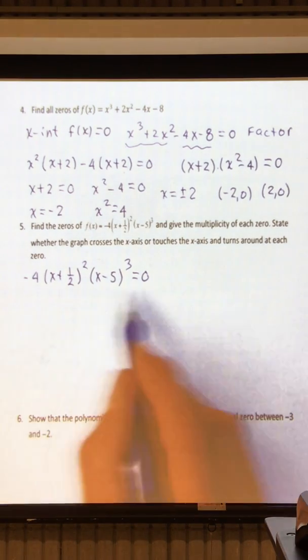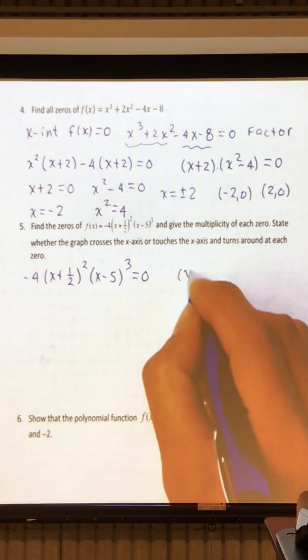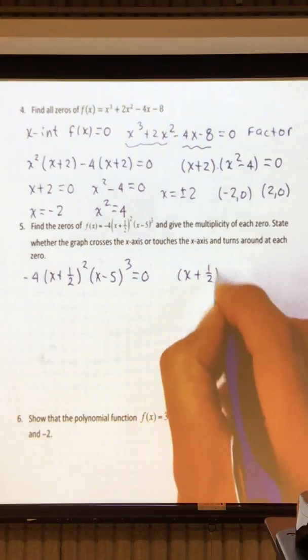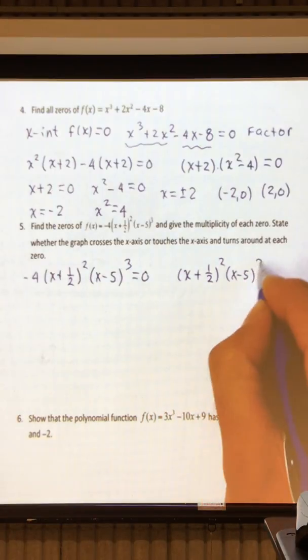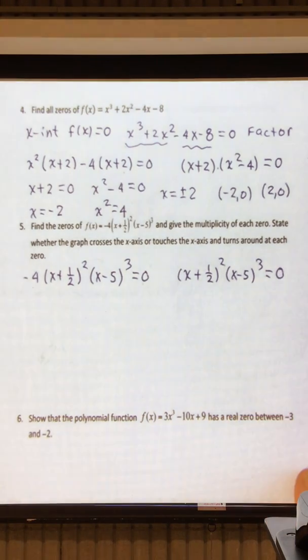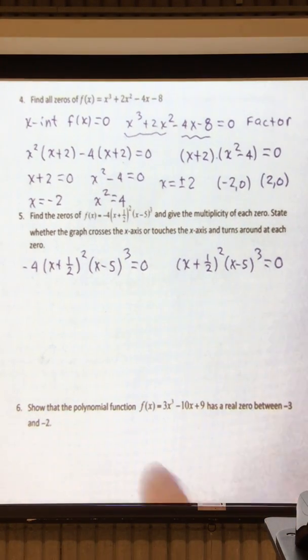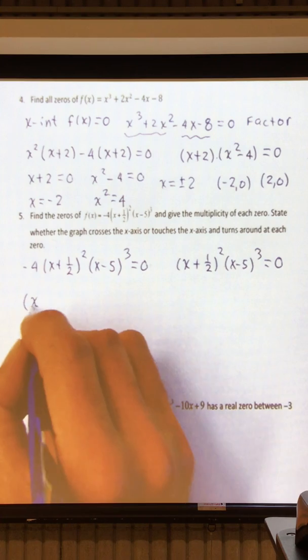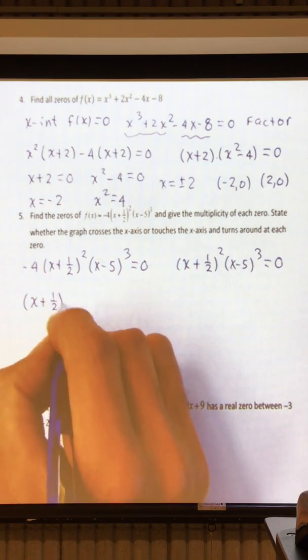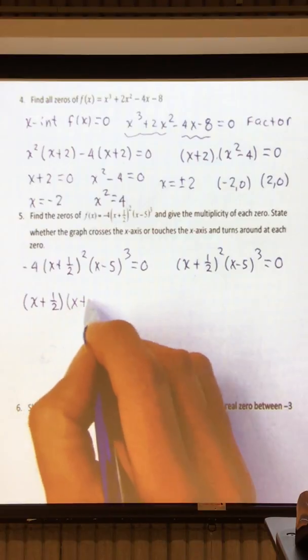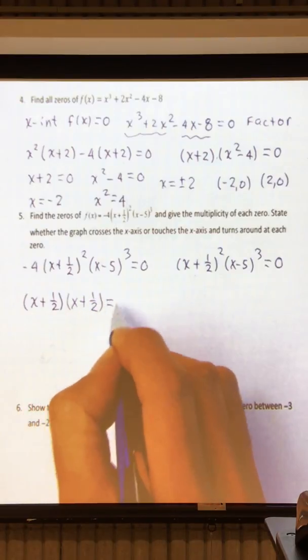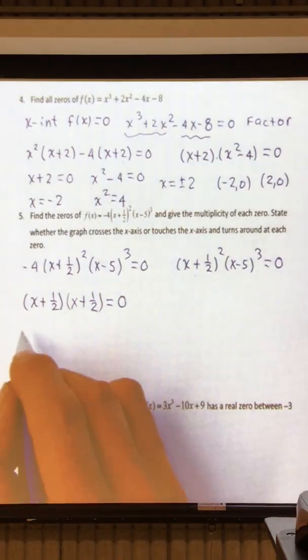We could divide both sides by -4, and that will eliminate the -4 multiplier in front. Now we repeat the process as above, setting each factor equal to 0. Well, x plus 1/2 squared means x plus 1/2 times x plus 1/2. So I'm going to factor that twice.